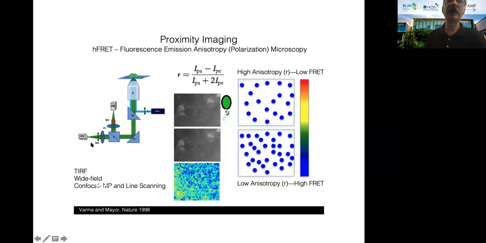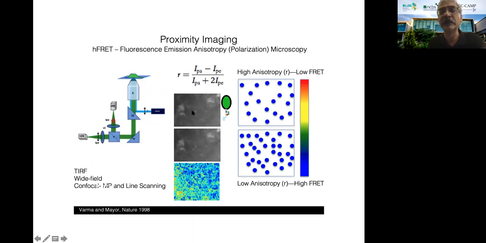And how you do that in a microscope is again very straightforward. One can do that by exciting a fluorophore by simply putting a polarizer in the excitation path of a microscope, and then sending the polarized light into a sample, for example, here. And in the polarized light, you then collect the emission from the sample into two orientations, both perpendicular and parallel.